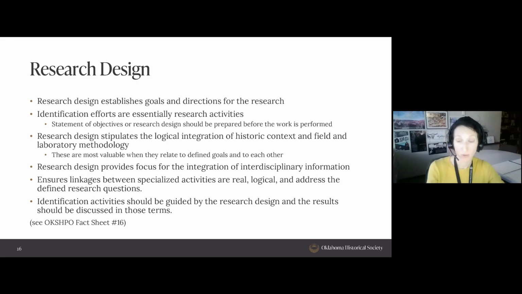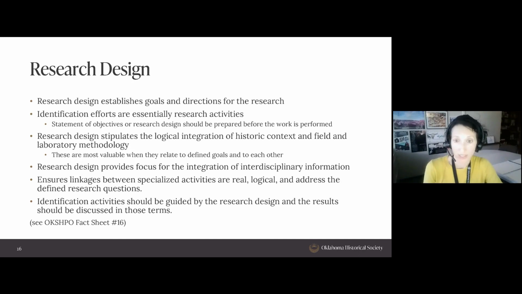These are most valuable when they relate to defined goals and to one another. The research design provides focus for the integration of interdisciplinary information. You're pulling in how information from other disciplines is relevant to this work.